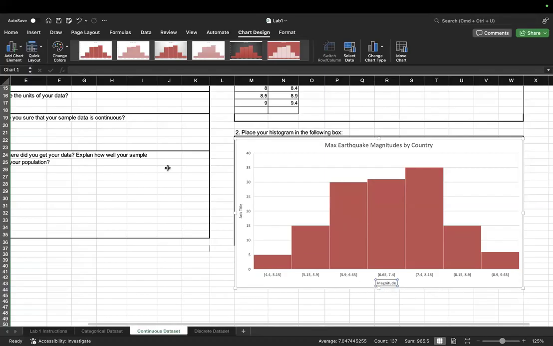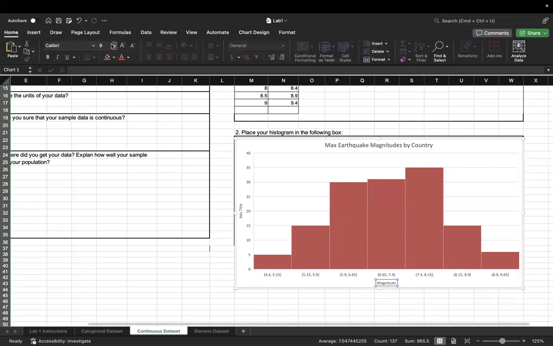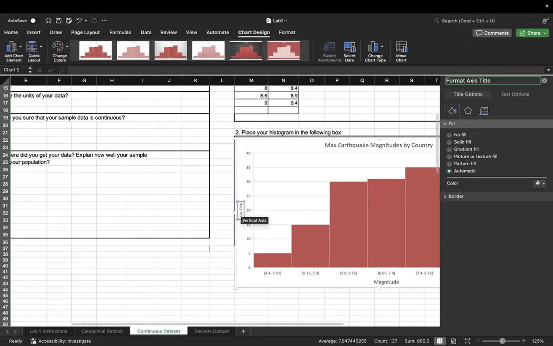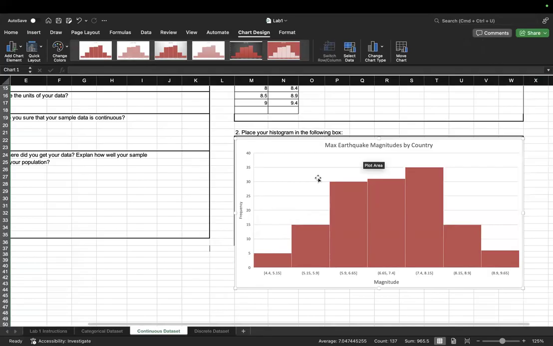You can make this bigger if you want. Also, if I wanted to make my font bigger, I can make my font bigger. My vertical axis is going to be frequency. Everybody's vertical axis is going to be frequency. I'm going to make this a little bit bigger.